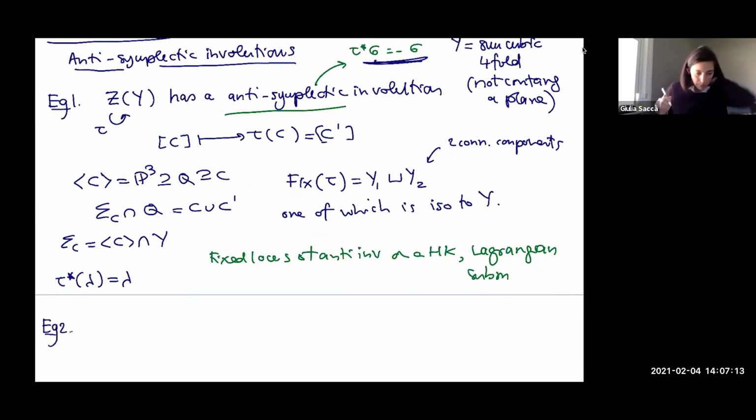And maybe before saying this, the general picture that we want to generalize is, let me say this.